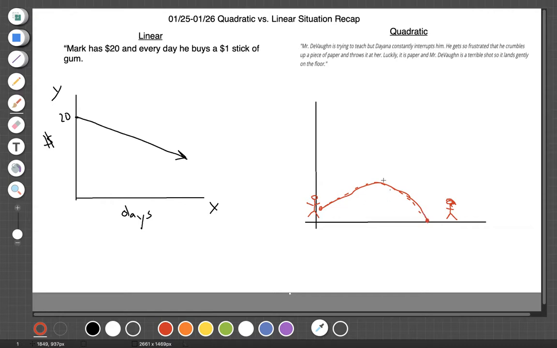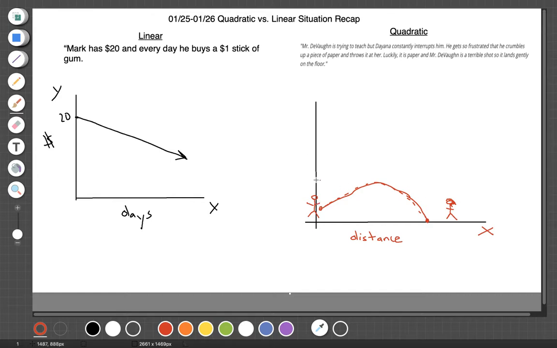Well, what were the two things that we were graphing on these axes? Well, on the x, remember this is our x. On the x-axis, this is the distance. Sorry, the horizontal distance between where Mr. Devon is and where the paper ball lands. And what do we measure up here, though?